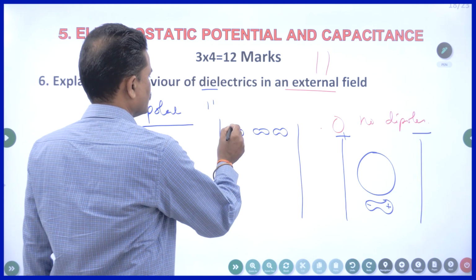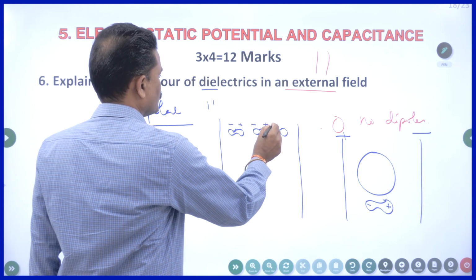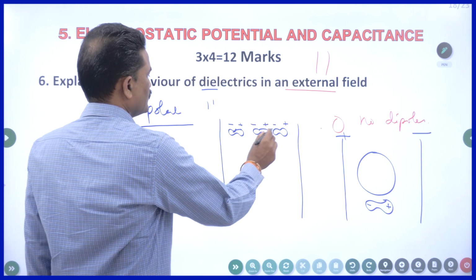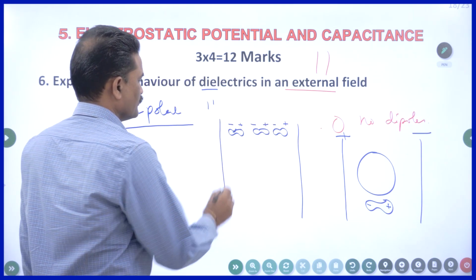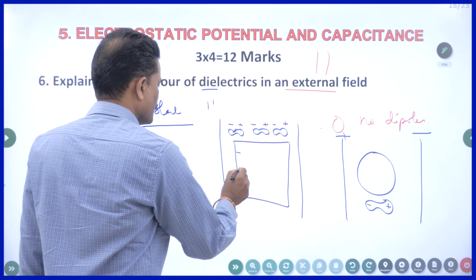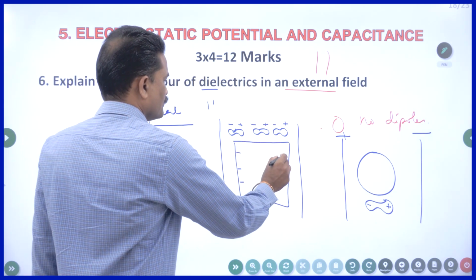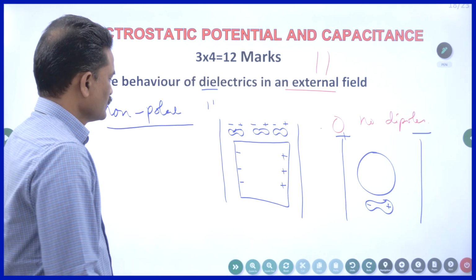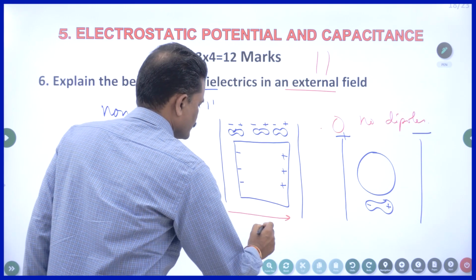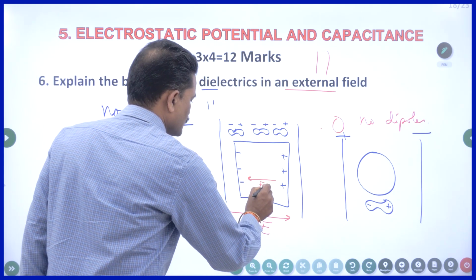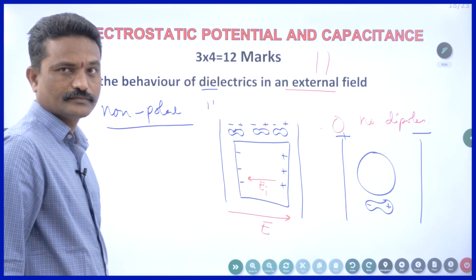So, here negative, positive, negative, positive, negative, positive. In between, these charges cancel each other. If this is a rubber slab or some slab, then I will see negative charges on this side, and positive charges on this side. The applied electric field is E, and the induced field is a small field opposing it, that is called the induced field.